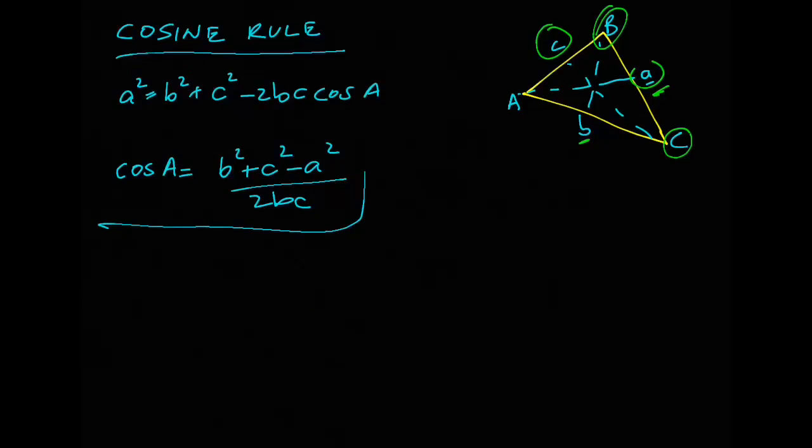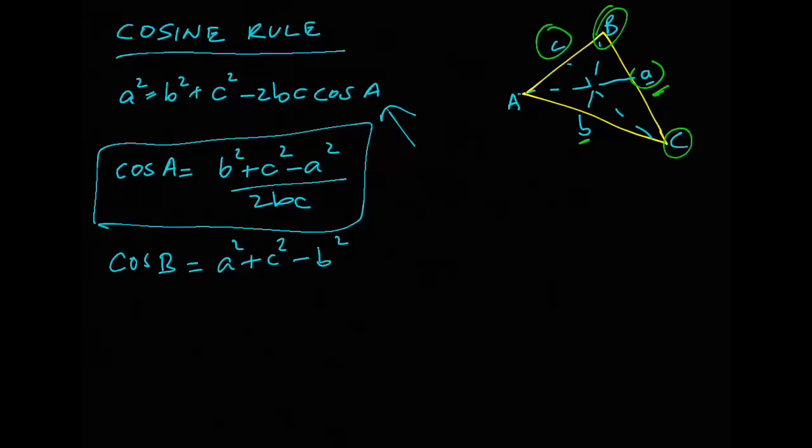Now this equation here is just this one rearranged to get cos A by itself. If the known is angle B, you can write the same equation, but it would be a squared plus c squared minus b squared on 2ac, where these values are the adjacents and that is the opposite to the angle.